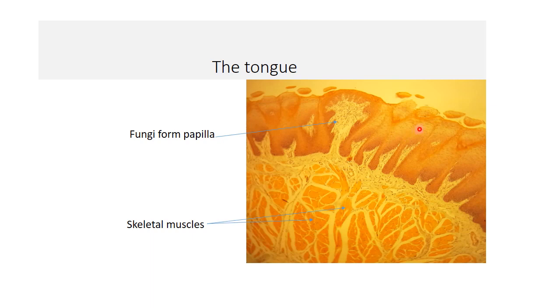All of these papillae represent the filiform papillae. You can see them as thread-like. While the fungiform, here you can see it as mushroom-like.